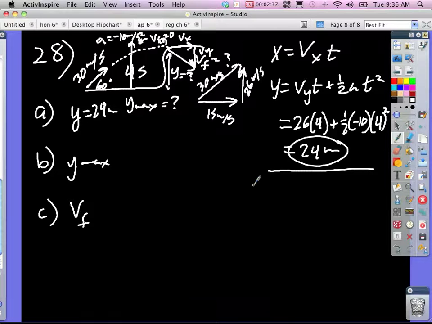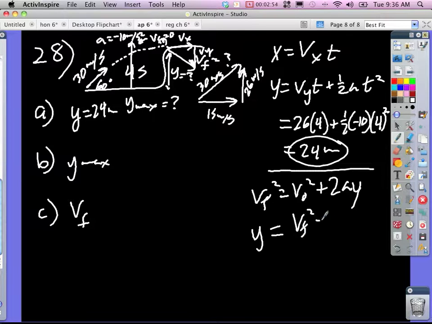So then what I can do is, since I have the initial vertical velocity at 26, I have the final vertical velocity, and I have the acceleration, and I want y, I'm just going to use vf squared equals v0 squared plus 2ay. So y is going to be equal to vf squared minus v0 squared all over 2a.